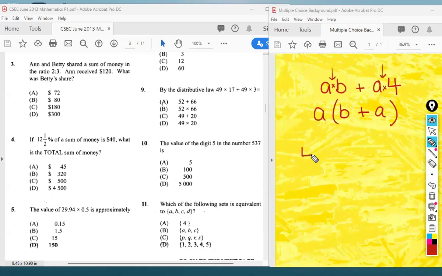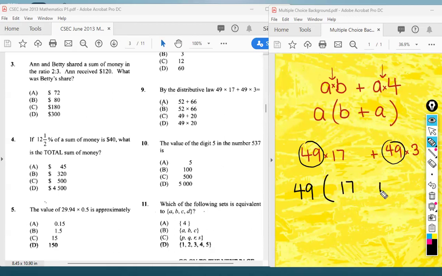So if I have 49 multiplied by 17, plus 49 multiplied by 3, it's the same exact situation here. And we can factorize out the 49 because both of them have a 49. So you pull out the 49 and you're left with 17 plus 3.